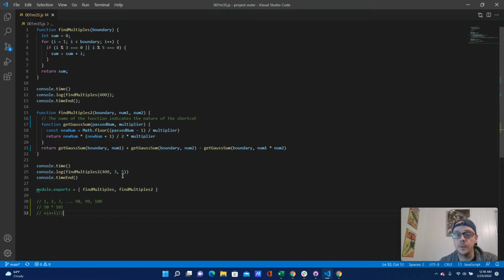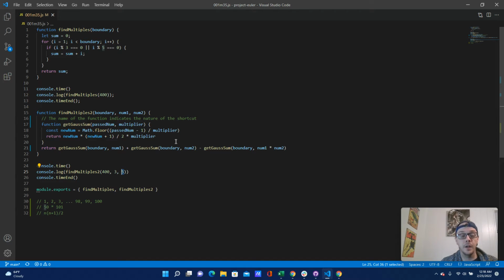The problem is that we're not counting every single number. We're only counting every third and every fifth. So how do we solve that problem? Well, as it turns out, you can divide the series initially by the divisor that we're passing in right here.